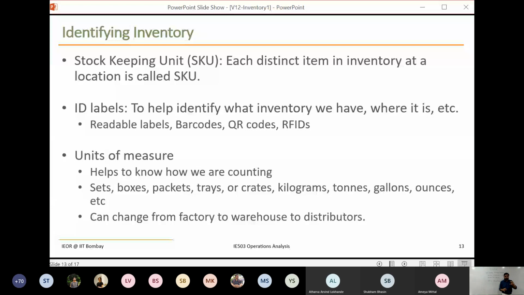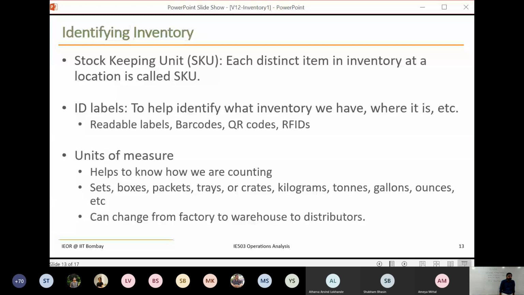The manufacturer may actually make hundreds of such units, so he may pack it in a crate with a dozen units. That can be an SKU, or you can pack 2 dozen units, and that can also become an SKU. So you can have different kinds of SKUs in the company, but given an SKU, it uniquely identifies some product combination.